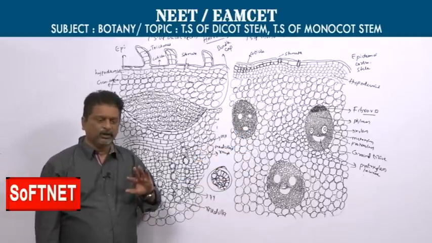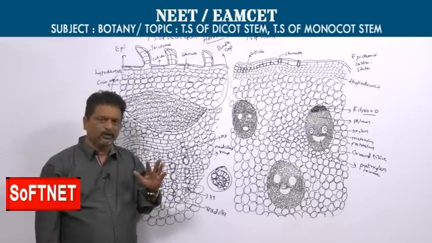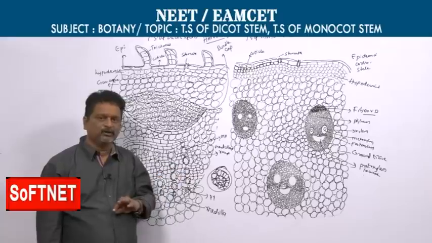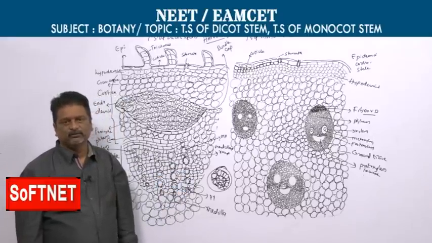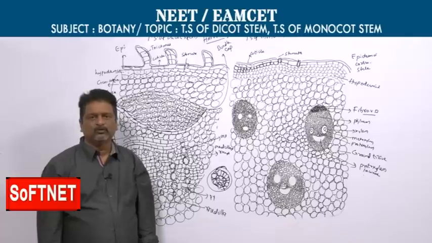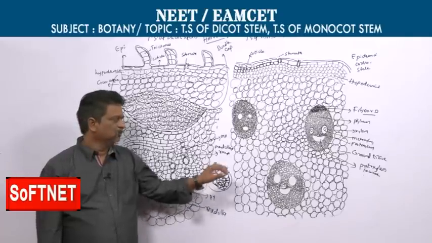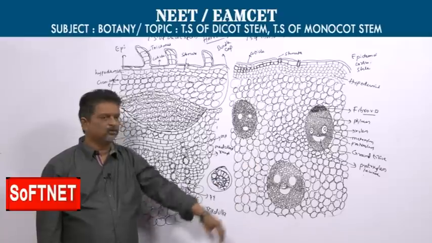So, the point: if we arrange the root and stem in ascending order based on number of vascular bundles, first dicot root, generally 4. Next monocot root, then dicot stem, then monocot stem with numerous scattered vascular bundles.